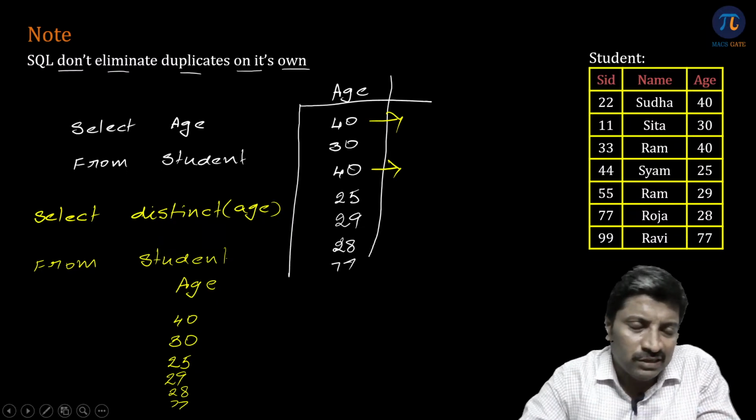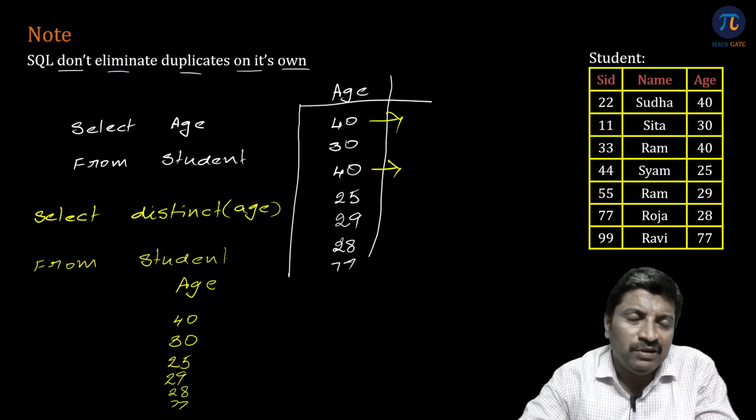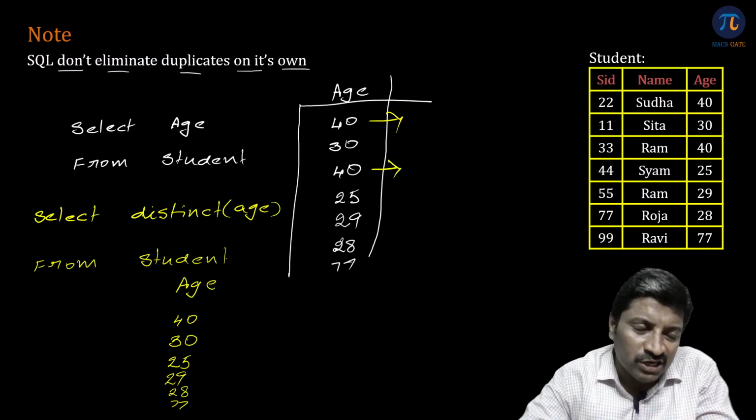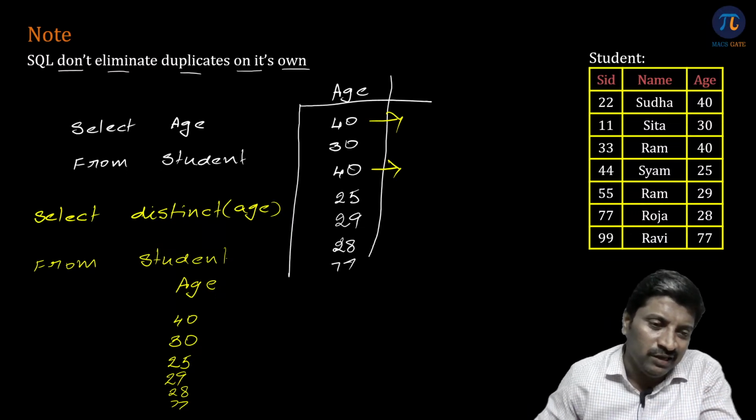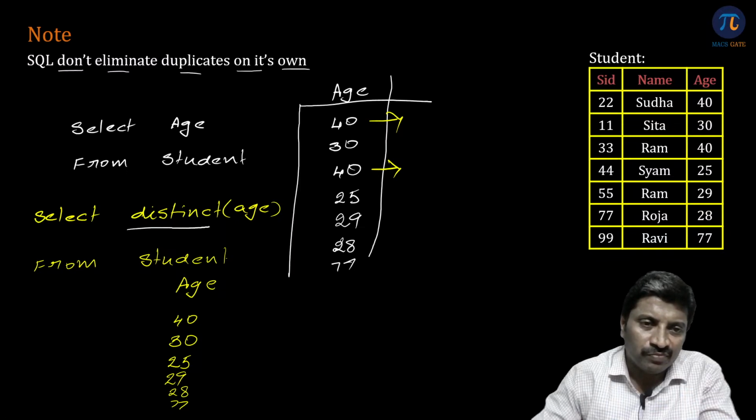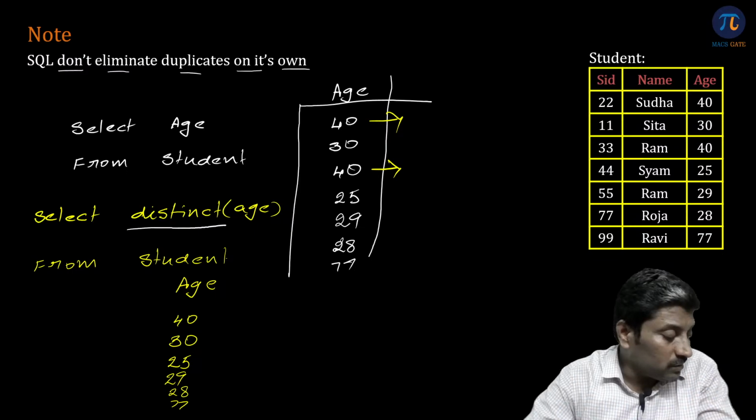Not only age, sir, whether it is a name or anything, whenever there are duplicates, SQL doesn't eliminate them. It is not its duty. If we want to eliminate duplicates, we need to specify clearly the keyword distinct.